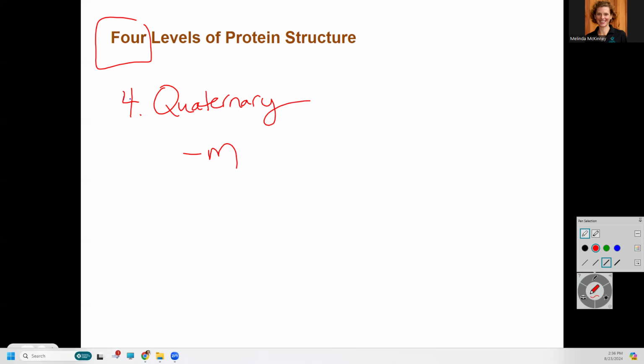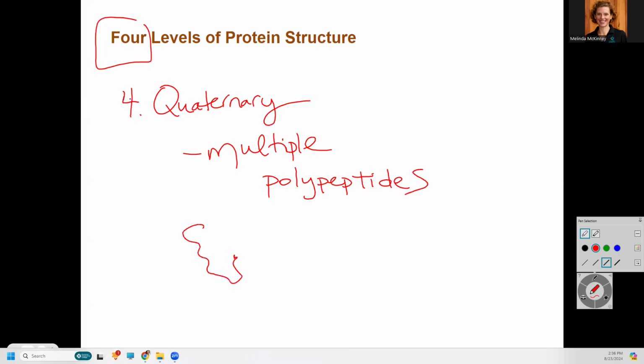Okay, so multiple polypeptides. Say you've got one structure over here and it's got alpha helixes and beta pleated sheets, and alpha helixes and beta pleated sheets. And then they're bonded with covalent bonds to each other.